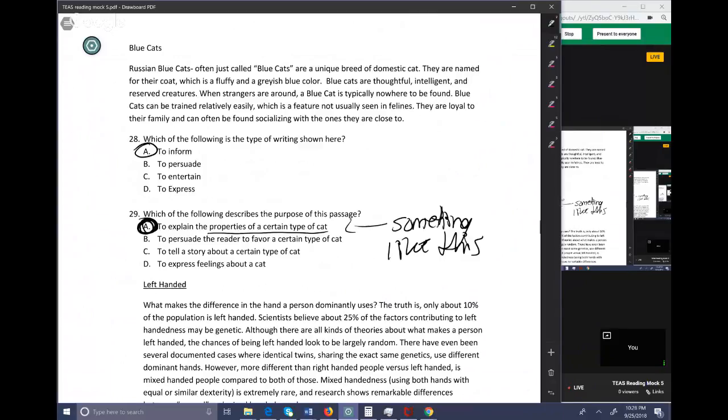And then the other will have a sentence like to explain the Russian blue cat or to describe the certain type of cat. So if you read that and felt like you were right on the fence, which is how I felt the first time I read it, you now know that you can push yourself onto one side of the fence or the other, onto the informative or expository side of the fence.